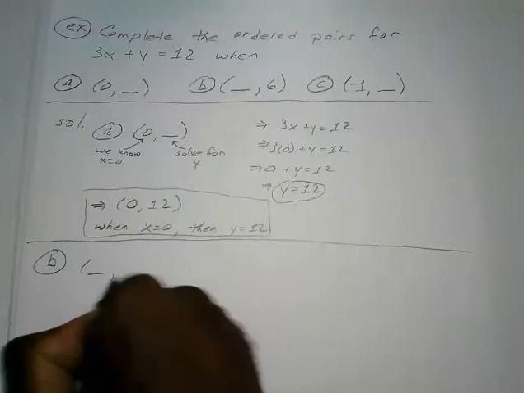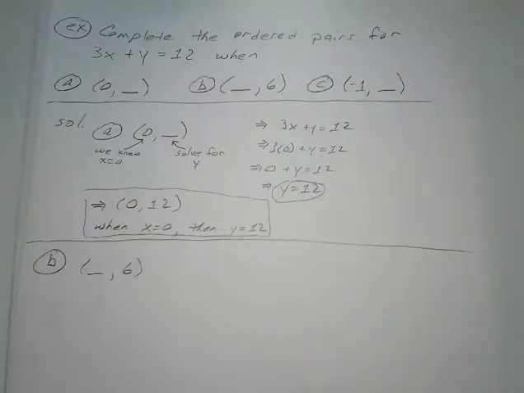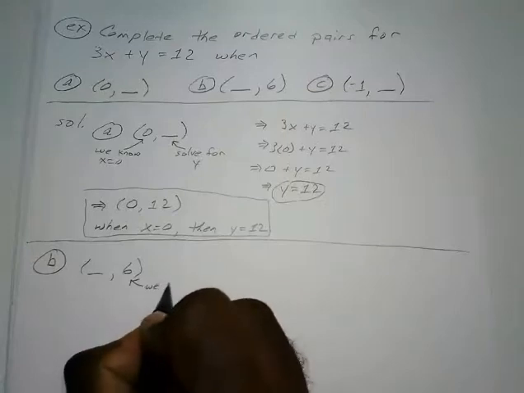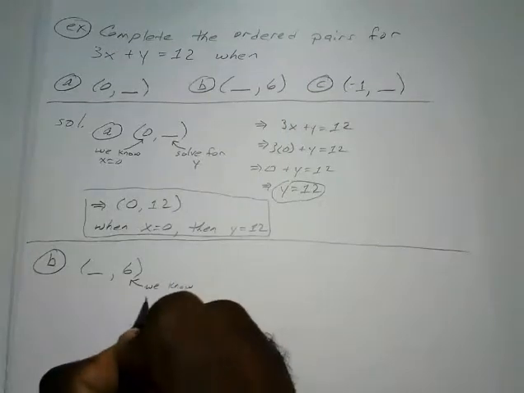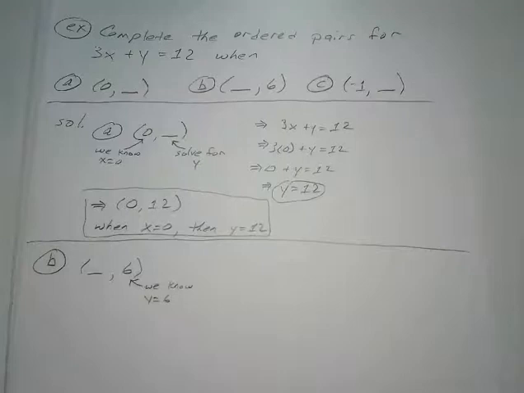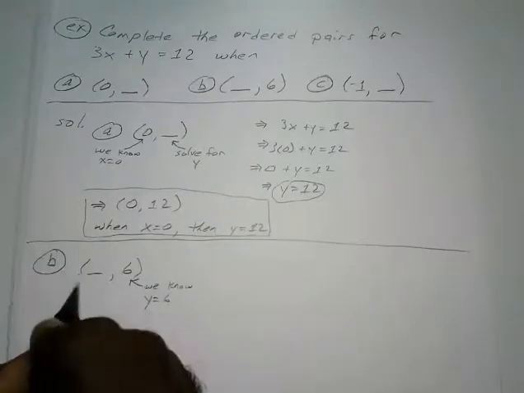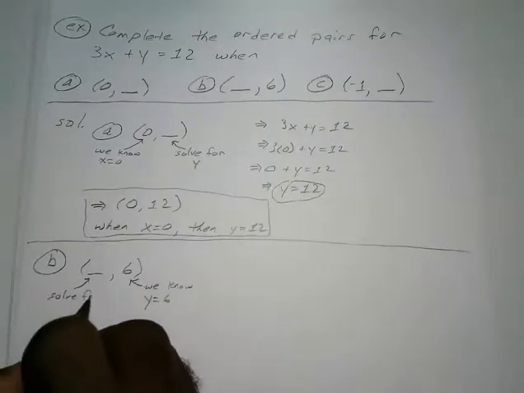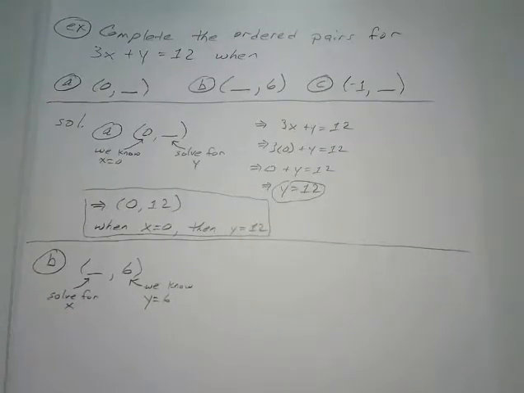Okay, so if we have some unknown x value and our second term is 6, again, we know in this case y is equal to 6. Bring that down a little. Which means for this one, it's telling us to solve for x.